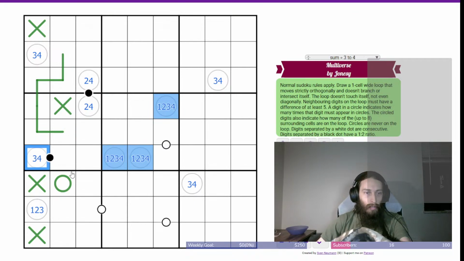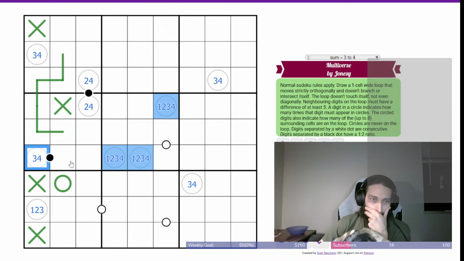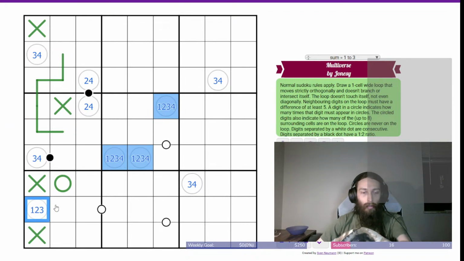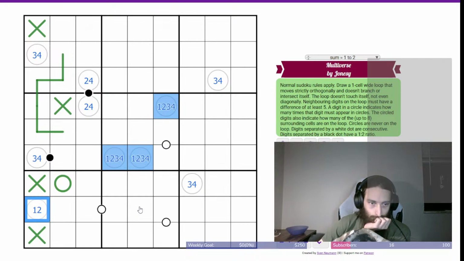Which means this can't be a 2. Three-fold pair takes a 3 out, which means that that can't be part of the path.